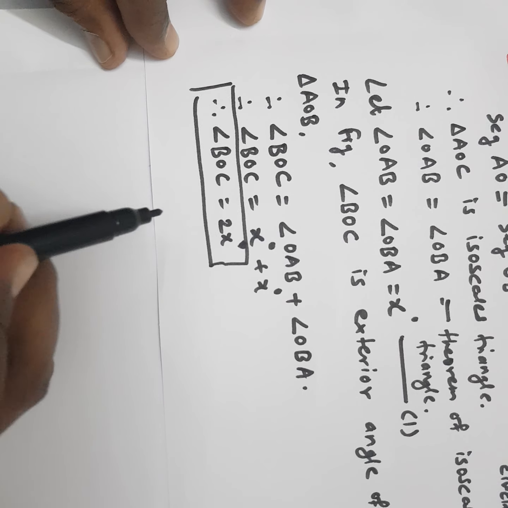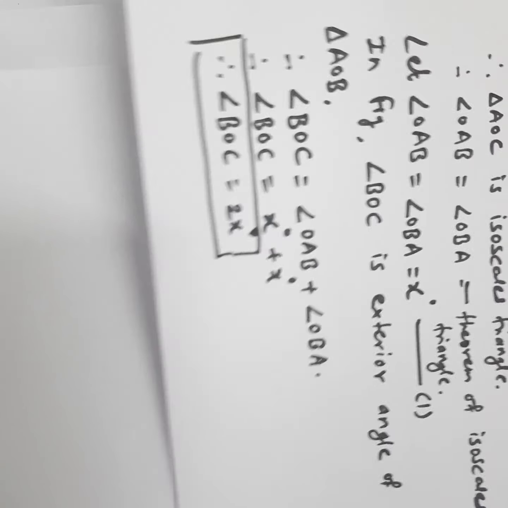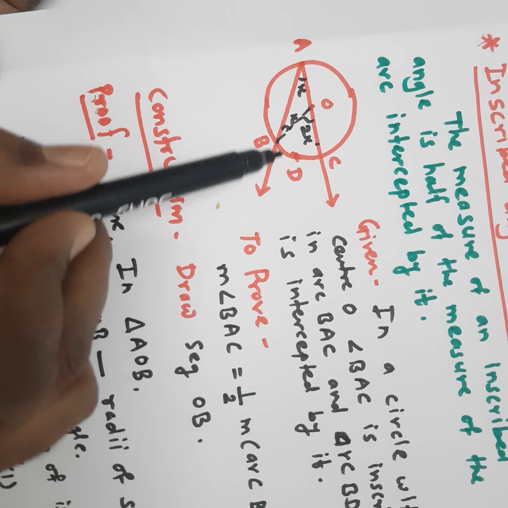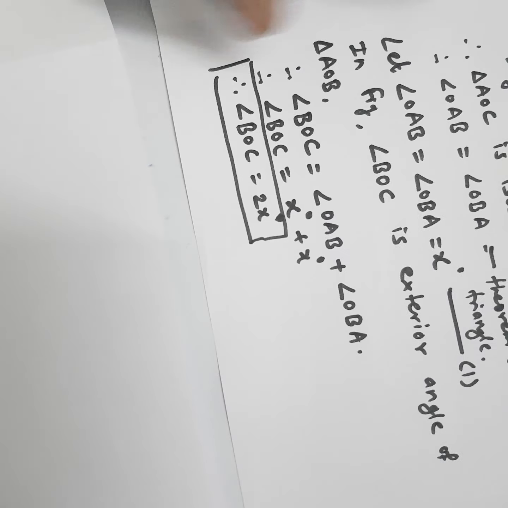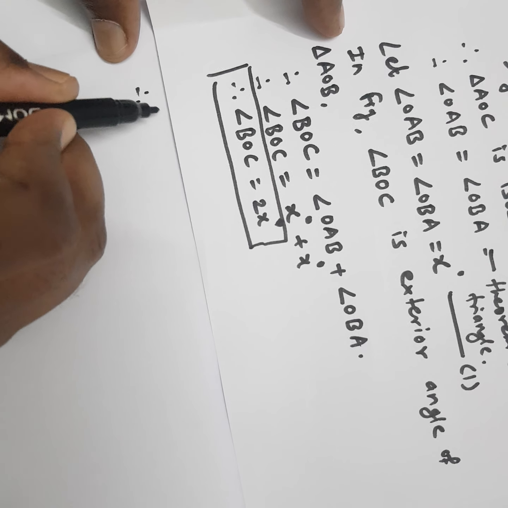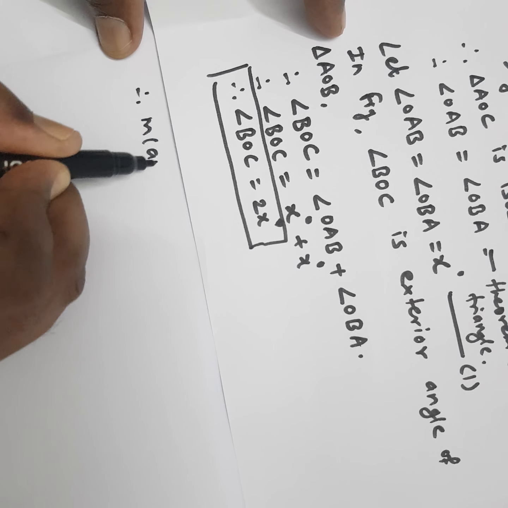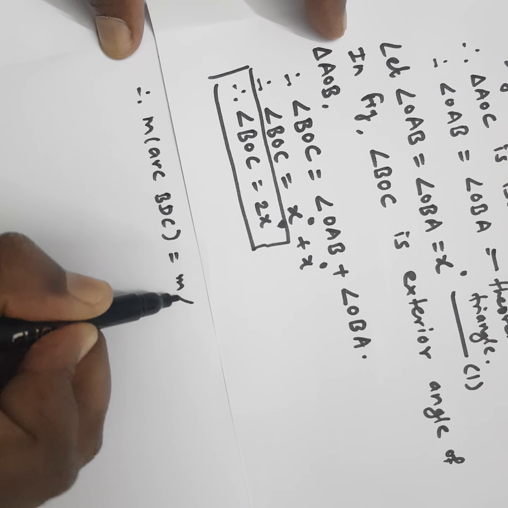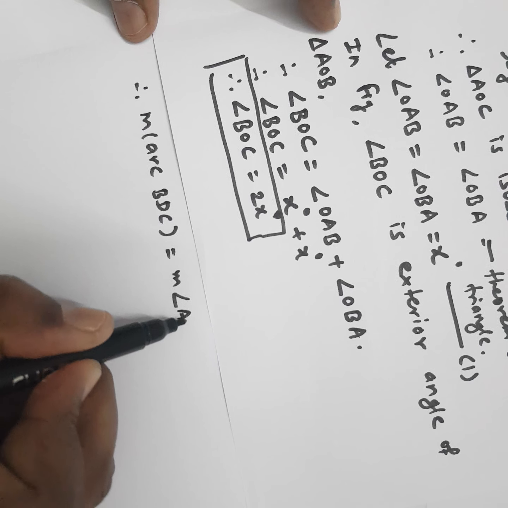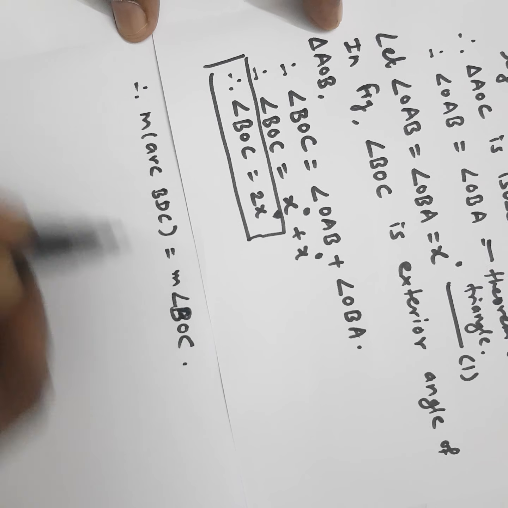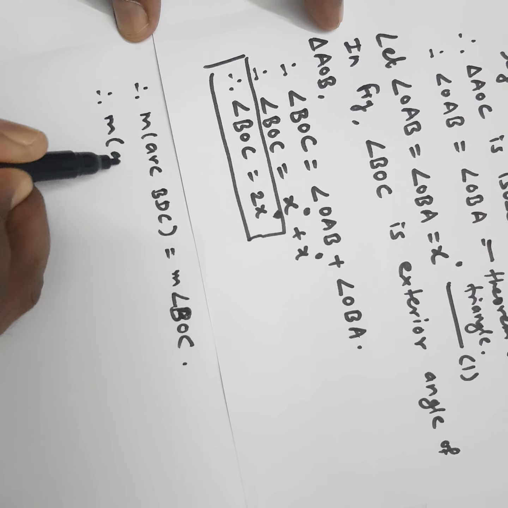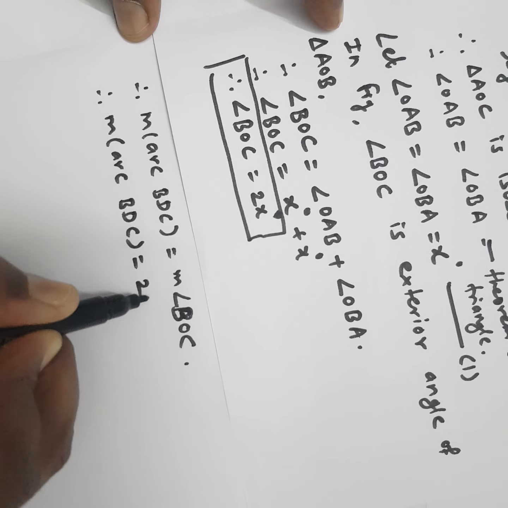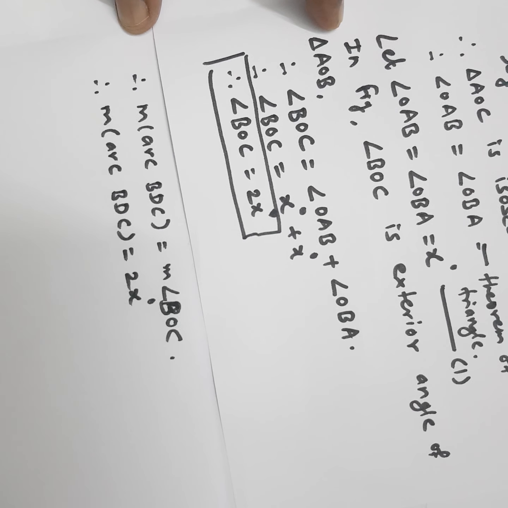Then angle BOC is equal to 2x degree, but angle BOC is the measure of arc BDC. Therefore, we can write measure of arc BDC is equal to measure of angle BOC. Therefore, measure of arc BDC is equal to 2x degree.